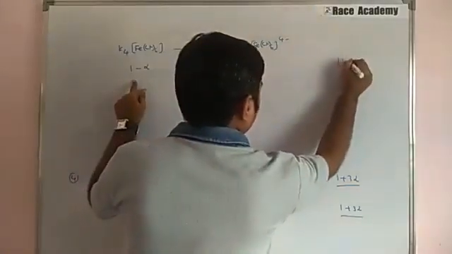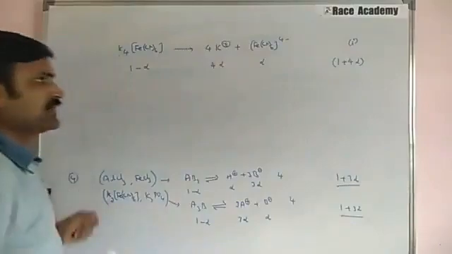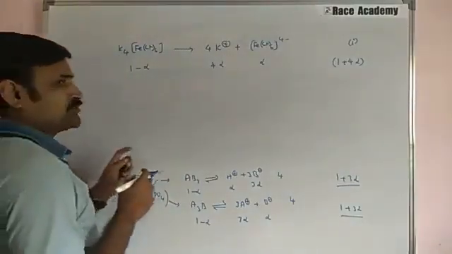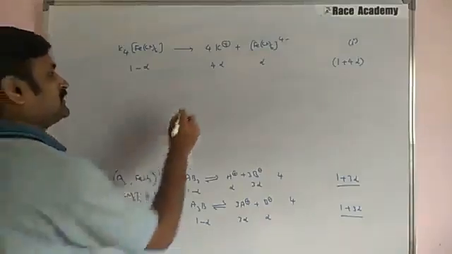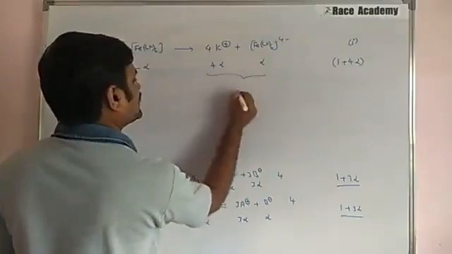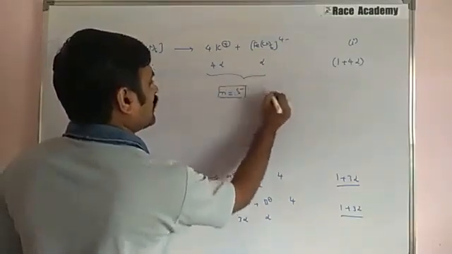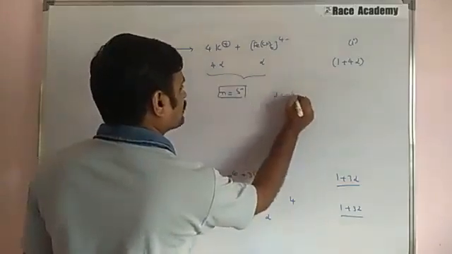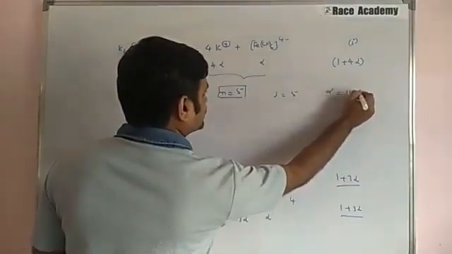Then it is 1 plus 4 alpha is the Van 't Hoff factor. When the alpha dissociation of this one is completely 100% given, then it will be 5. So what is the total number of particles? 5 is coming. So n is equal to 5, or Van 't Hoff factor i is also equal to 5 if alpha is given as 100% dissociation.